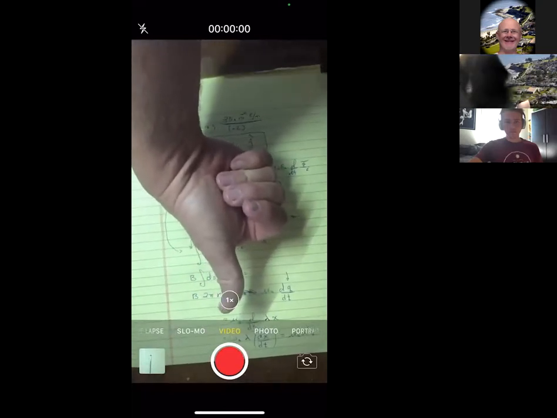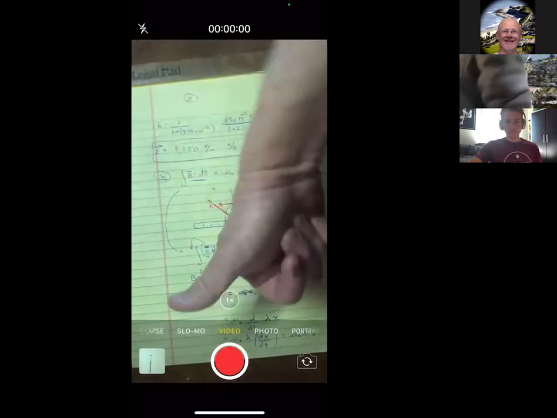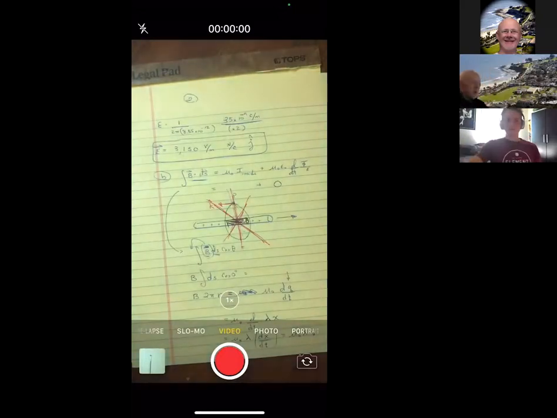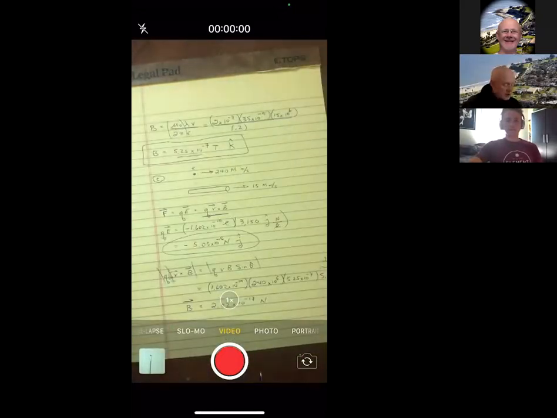But multiplying it by a negative for the electron would make it a positive Y direction. So I would say that this is in the positive j-hat direction.